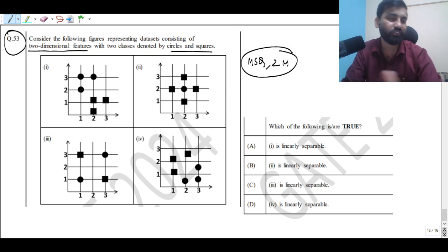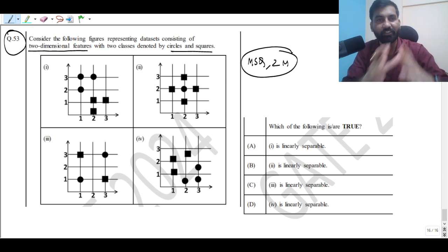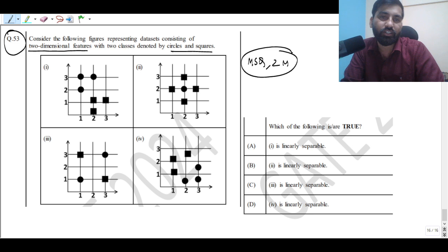In other words, you can draw a straight line in two dimensions, or you can draw a plane in 3D, or you can draw a hyperplane in higher dimensions, that divides the data points of one class from the data points of another class.